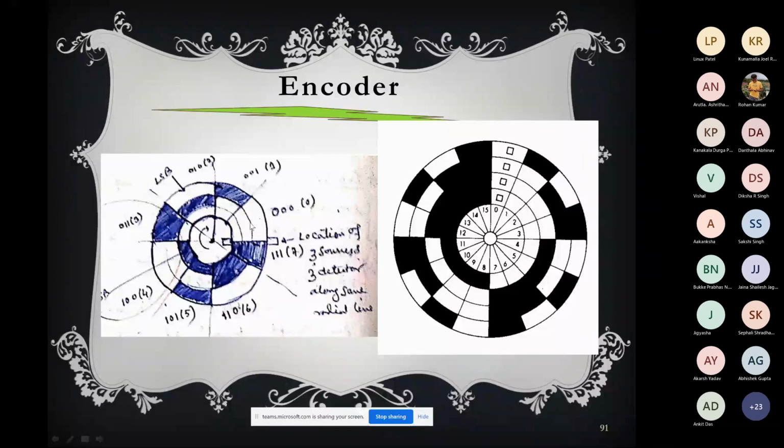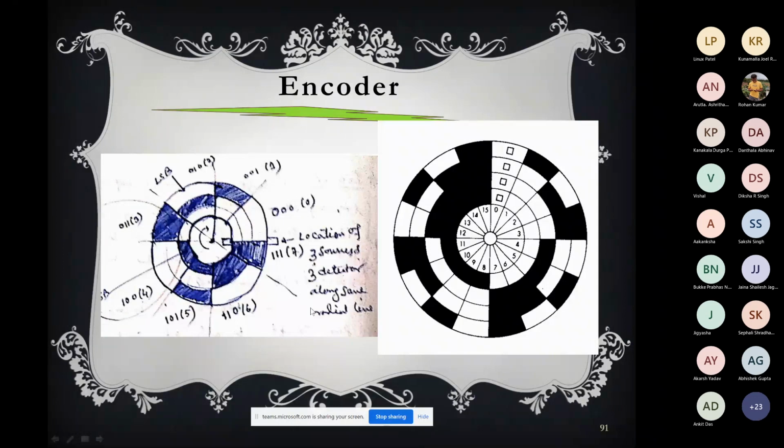And then let's say we darken the tracks in such a way that initially in this position there is no darkening, so 0, 0, 0. In this position we darken the first track. In this position we darken the second track. In this position we darken the second and third both. In this position we darken the first track. In this position, nothing. In this position, we darken first and third both. In this case, the first track. In this position, first, second, third, all.